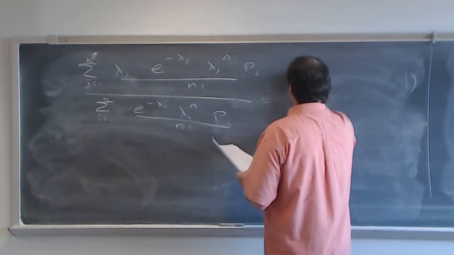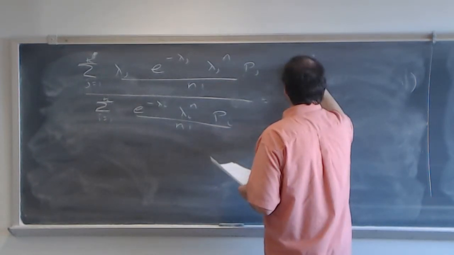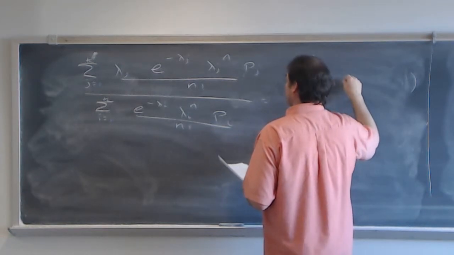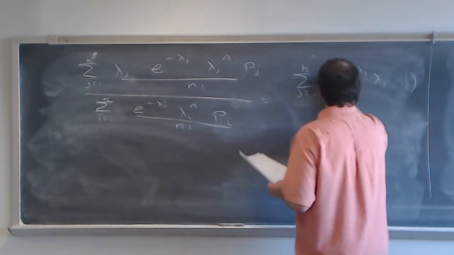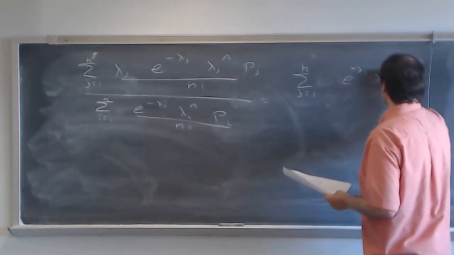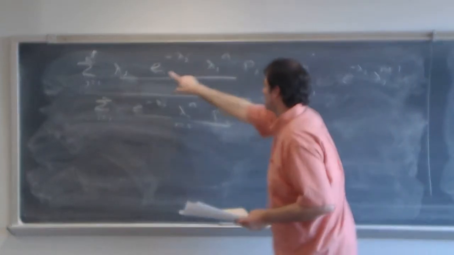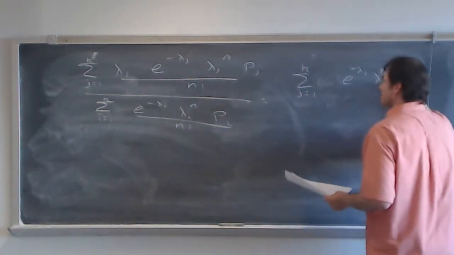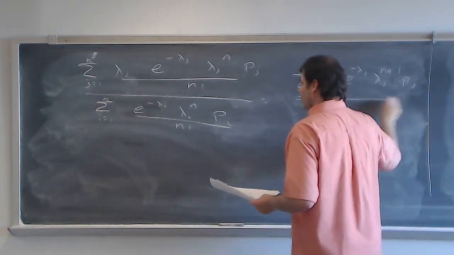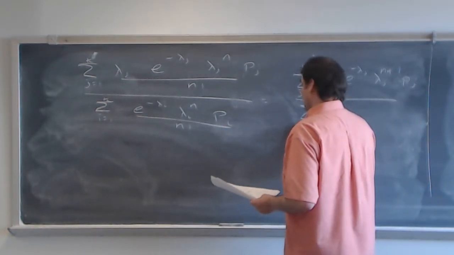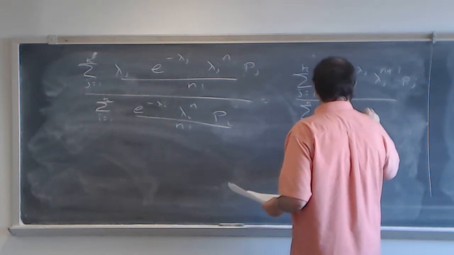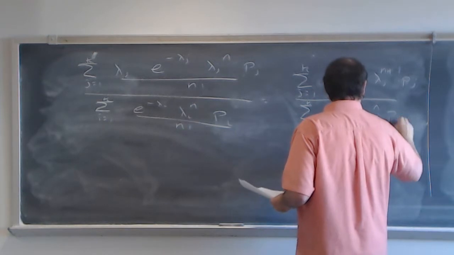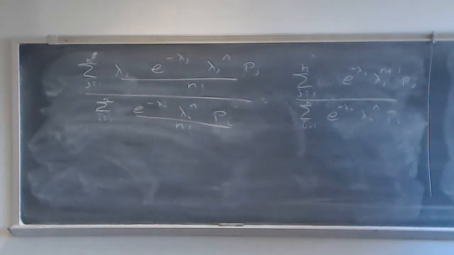And so what you get is an answer that the sum as j runs from 1 to k of lambda sub j, e to the minus lambda sub j, well, let's make this lambda raised to the n plus 1. Lambda sub j to the n plus 1, and then times p sub j, over this sum, as I runs from 1 to k, of e to the minus lambda sub I to the n times p sub I. And that is an expression for that part of the problem's answer.